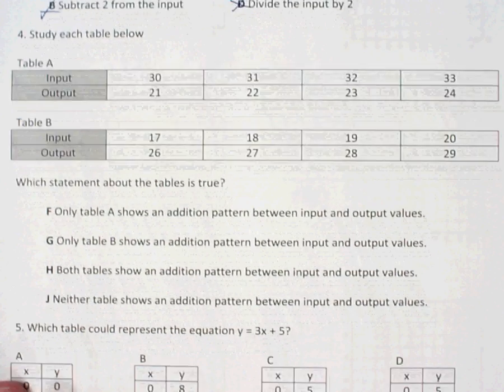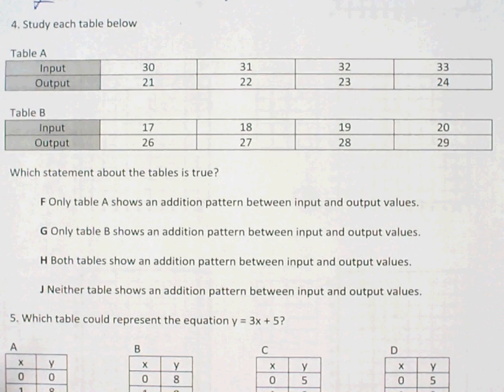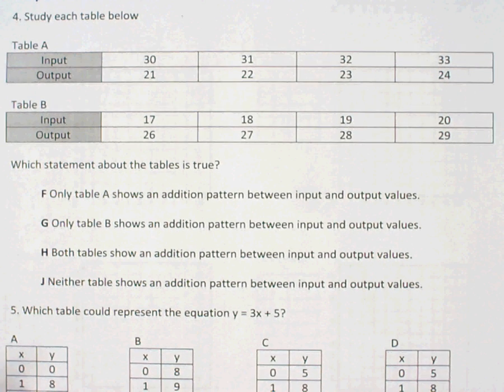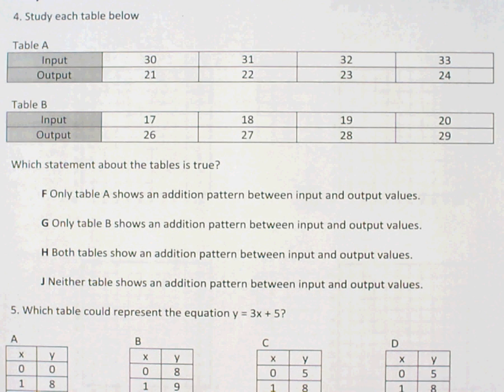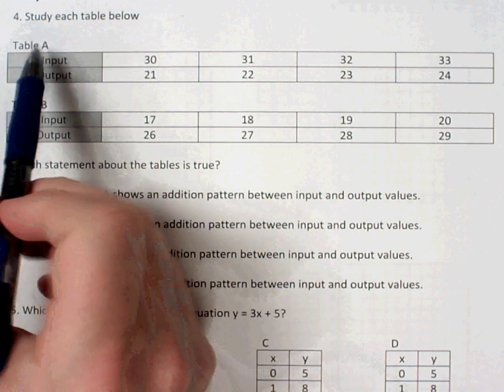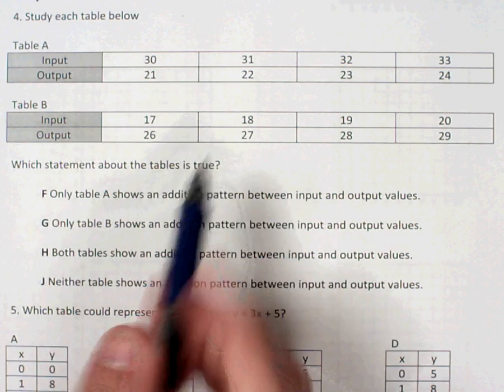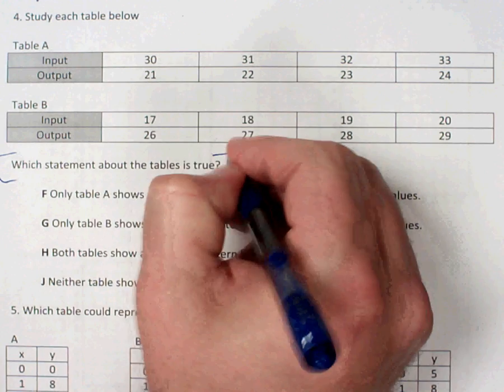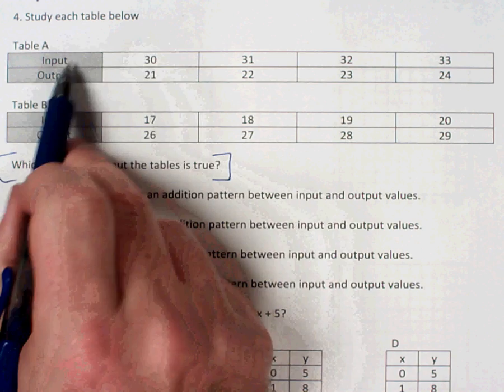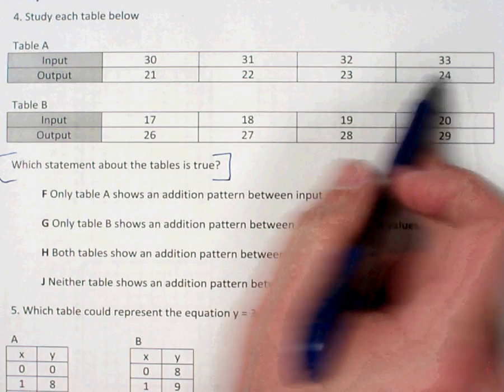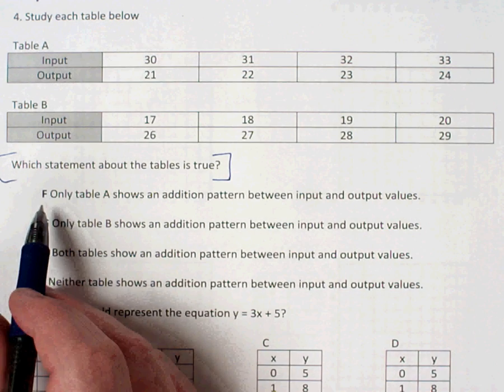All right, number 4. Now, number 4 is tricky because it really becomes a reading comprehension problem pretty early on. So the first thing we do, and it tells us, study each table below, and then which statement about the tables is true. So when we're looking at these tables, we're given 4 inputs and 4 outputs for each table.